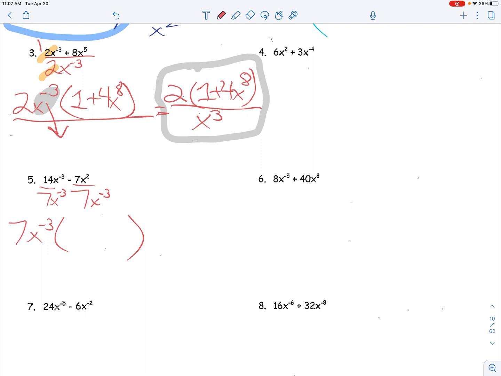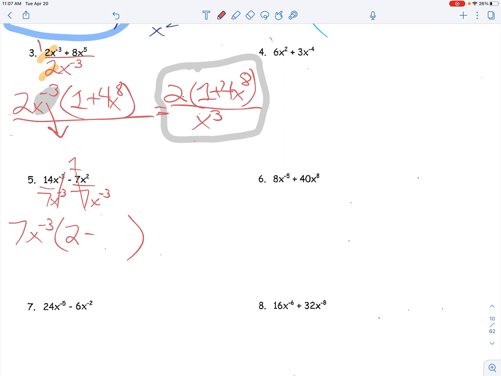That's your GCF. Divide each term by the GCF to get the remaining factor. 14 over 7 is 2. X to the negative third over x to the negative third, they cross out. Remember, they cross out to 1, not 0.